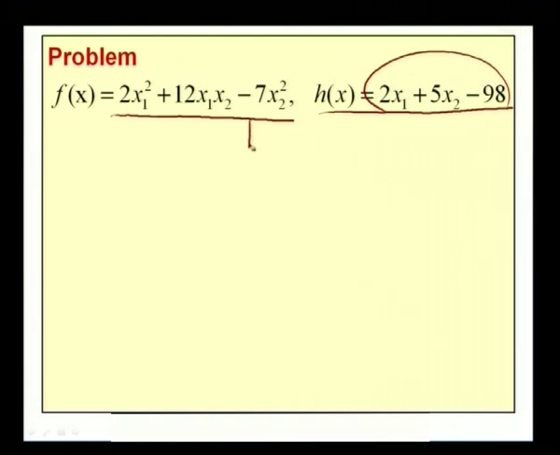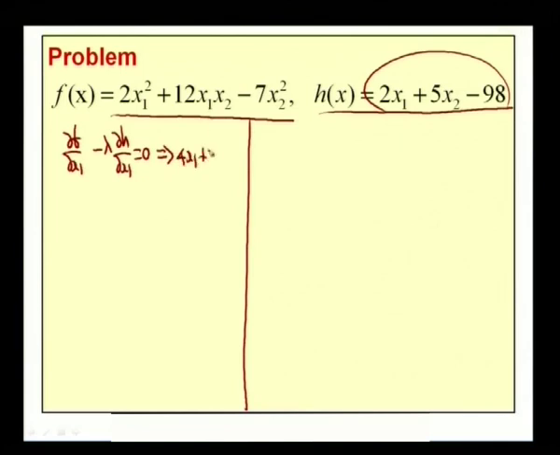The first Kuhn-Tucker condition is dou f by dou x1 minus lambda into dou h by dou x1 equal to 0. This gives the partial derivative with respect to x1 as 4x1 plus 12x2 minus 2 lambda equal to 0.